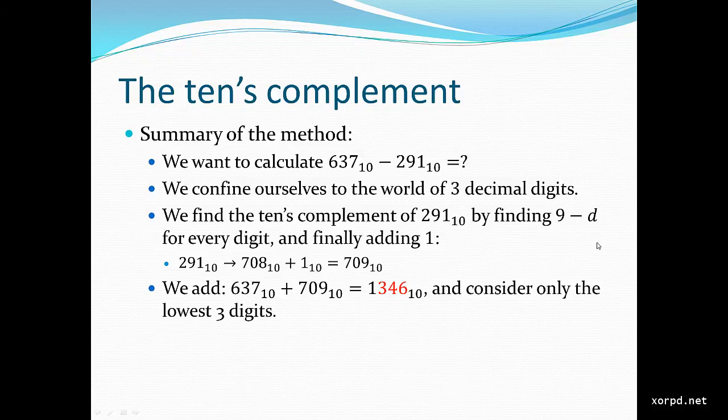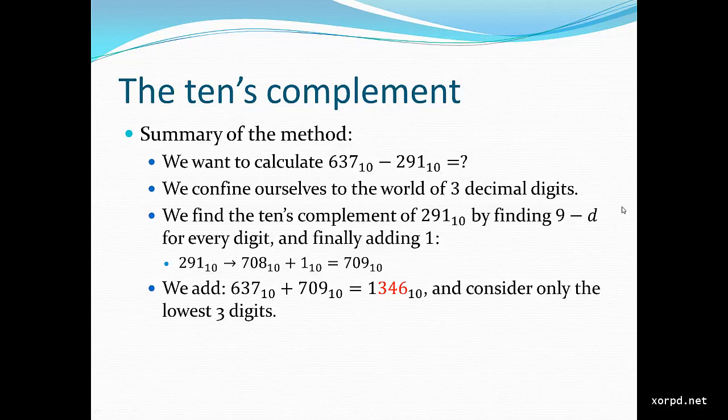Finally, we add those two numbers and we get a result, which is about too large. We have this first digit 1 that we will have to remove. We consider only the lowest 3 digits. That is because we confined ourselves in the beginning to the world of only 3 decimal digits. We have to be consistent with our choice.